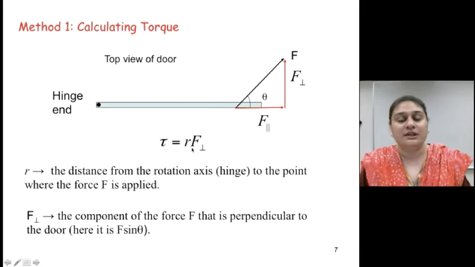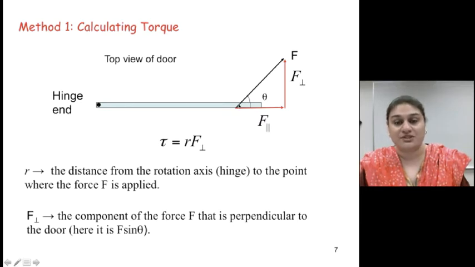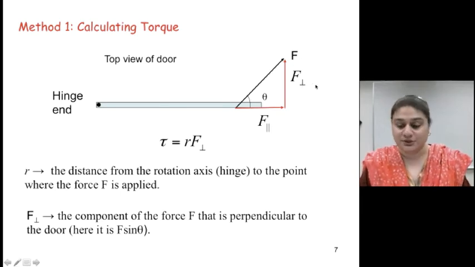So we know torque equals R times F perpendicular, where R is the distance from the axis of rotation to where the force is applied, and F perpendicular is the component of the force that is perpendicular to the door, which is going to be this one. So if you were to calculate what this is going to be, this is going to be F perpendicular, or F sine theta, as a component.